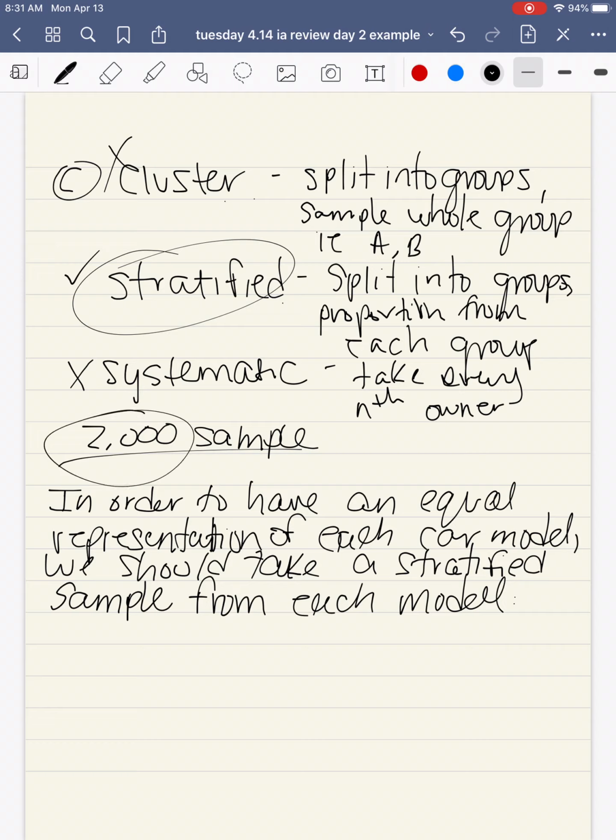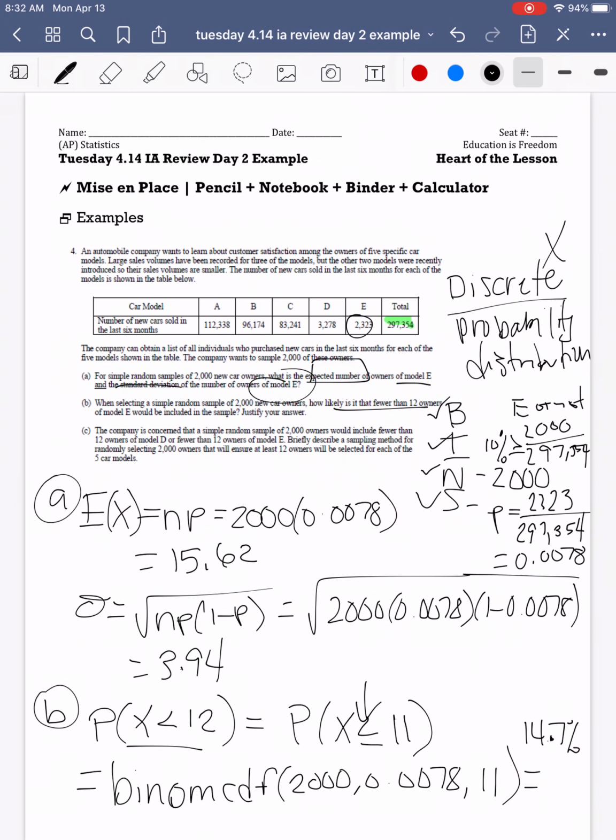Well, we need to take an equal proportion of every single car model. So we found the expected value for model type E, which was approximately 16 cars. If we round to the nearest whole number here, we would get 16.